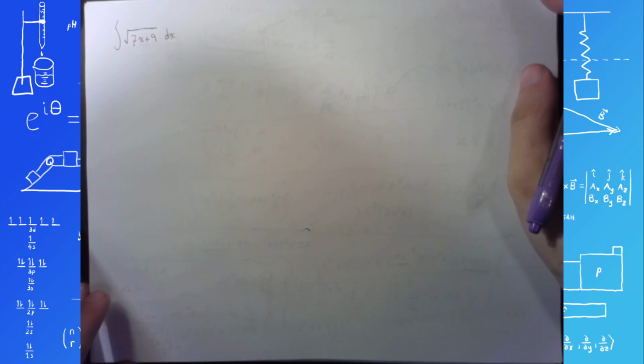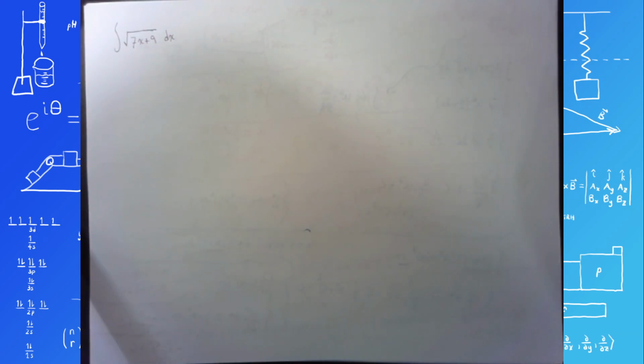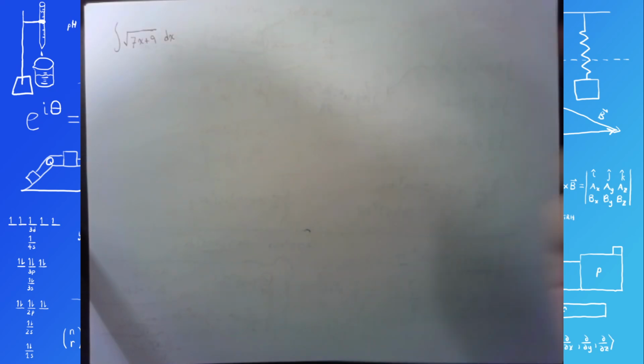When you see some sort of expression under the square root, it's time to consider other integration methods, because square roots are quite notorious. If you haven't been doing a lot of calculus already, you'll quickly learn in your calculus class that square roots are not something you want to mess around with.